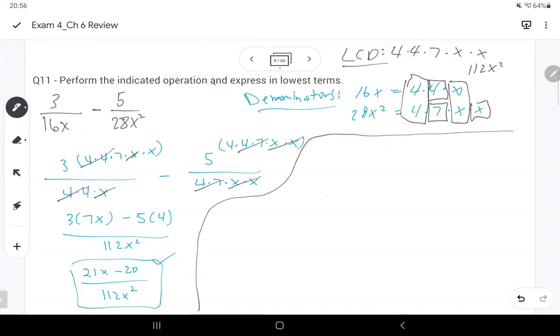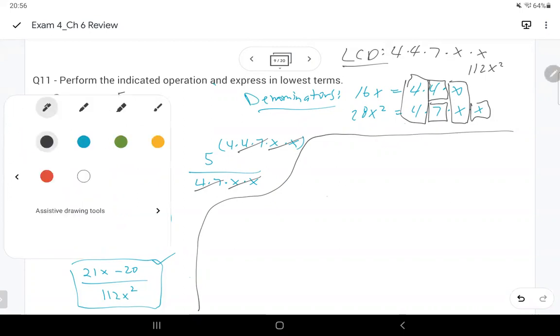Now, if you have a hard time seeing that, you can use a common denominator, and I'm going to show you that. But I want to warn you that it is a little bit longer. So here's the next method.